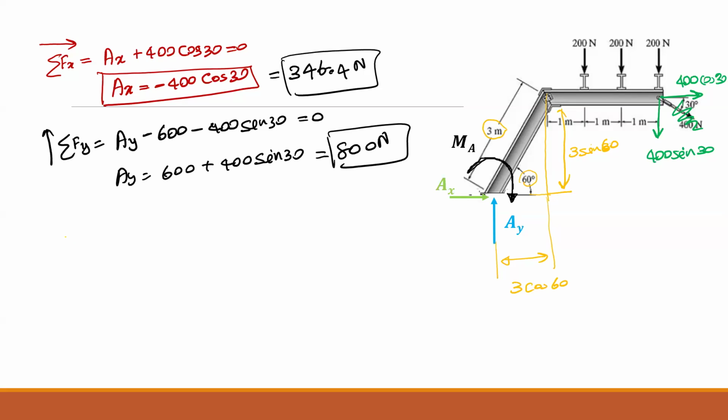Now, if you take the moment about A, counterclockwise positive, take one at a time. If you consider this 400 cos 30, and draw the line of action of the force, the perpendicular distance from A to the line of action is what? That will be 3 sine 60.